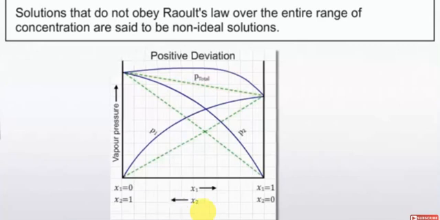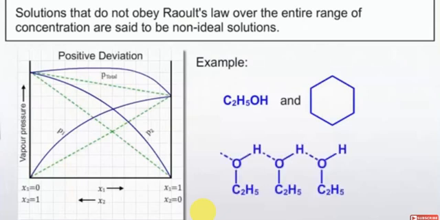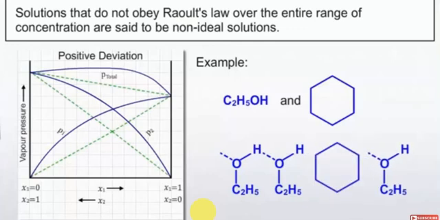For example, a mixture of ethanol and cyclohexane shows positive deviations from Raoult's law. Ethanol exists in highly associated form due to hydrogen bonding. On addition of cyclohexane, its molecules get in between and there is a considerable reduction in ethanol-ethanol hydrogen bonding.